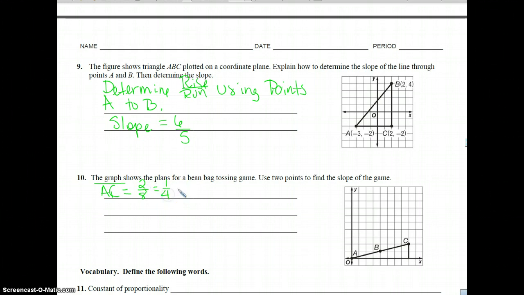Okay, now we got to pick another set of points. So Bryce. I did AB and I got the same thing, 1/4. AB, and you said you also got 1/4. Okay, good. So the slope of the line is what? 1/4. Alrighty, guys.